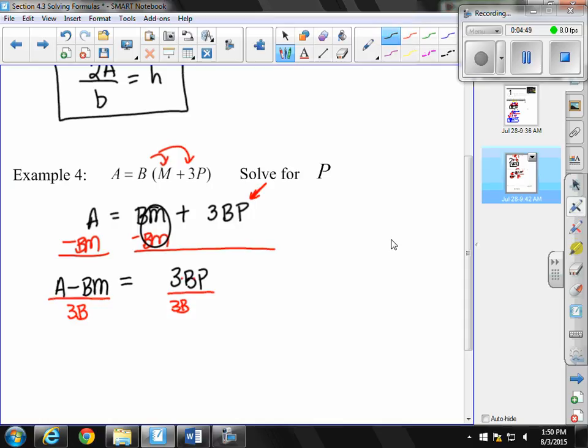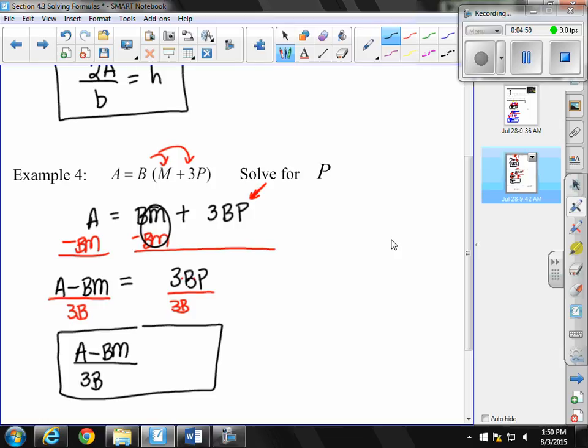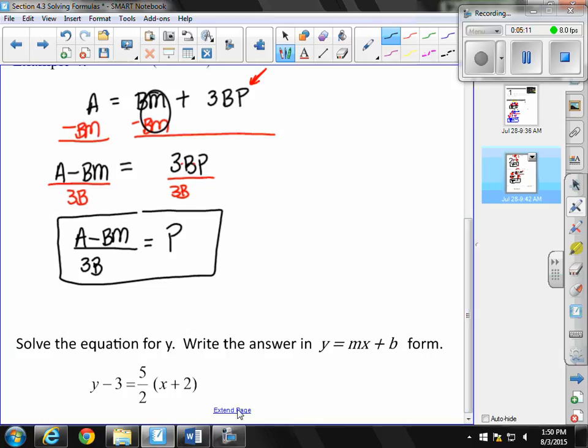And just like in example number 2, A minus BM divided by 3B. B is not a multiplicative factor of the numerator, so we cannot cancel that. This becomes our final answer. A minus BM divided by 3B equals P.